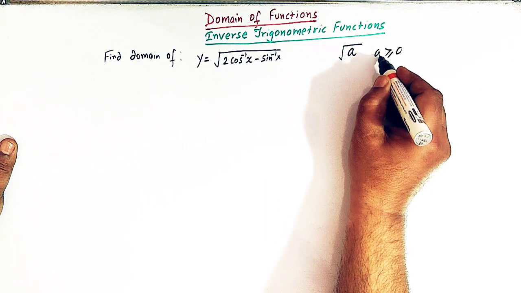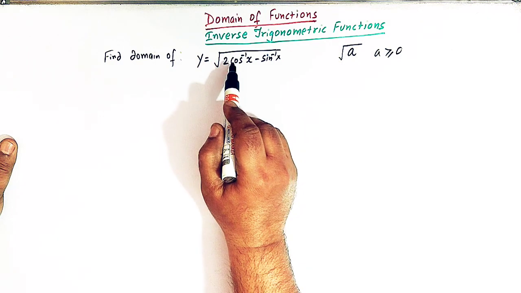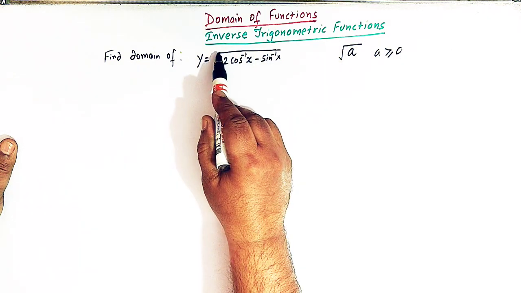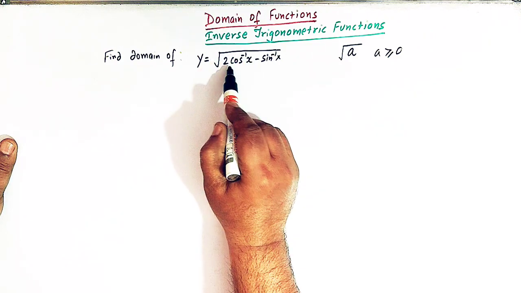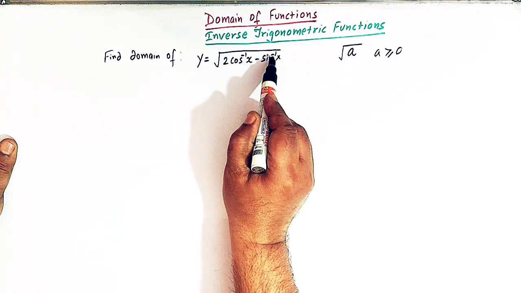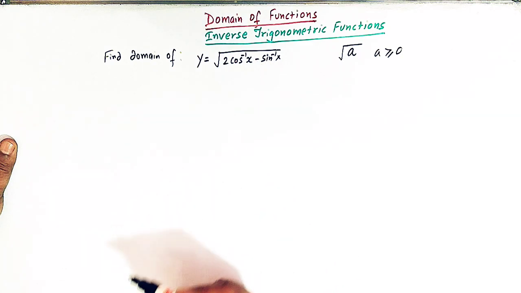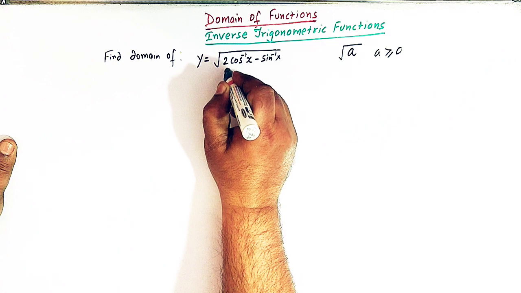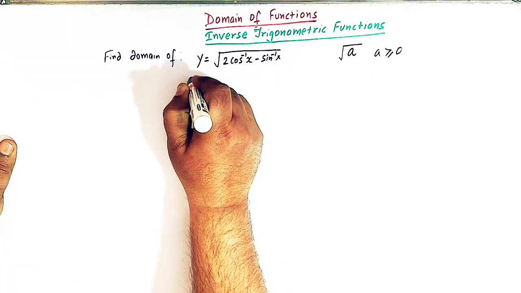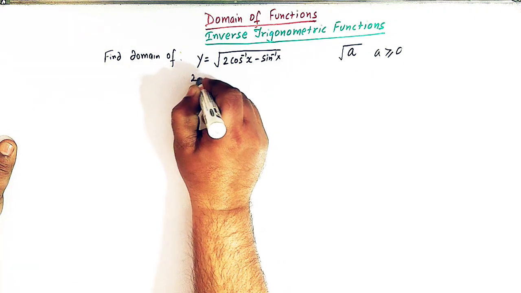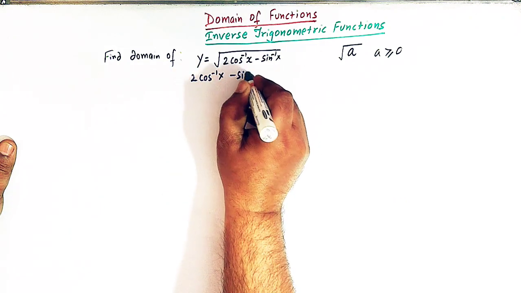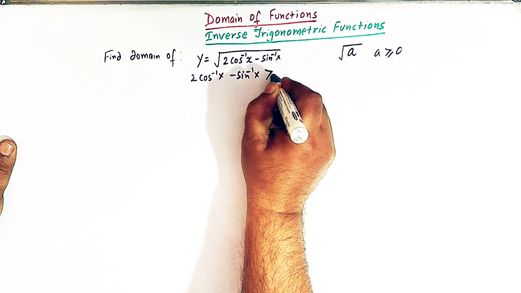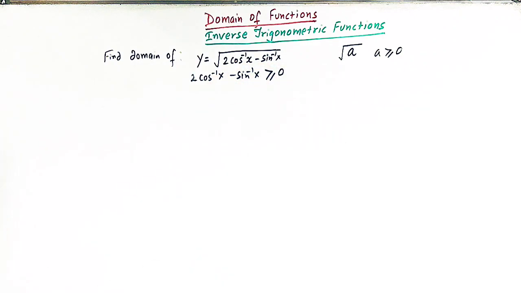So this is the condition for the expression square root of 2 cos inverse x minus sine inverse x to be in the set of real numbers. The first condition is that this number, that is 2 cos inverse x minus sine inverse x, must be greater than or equal to 0.